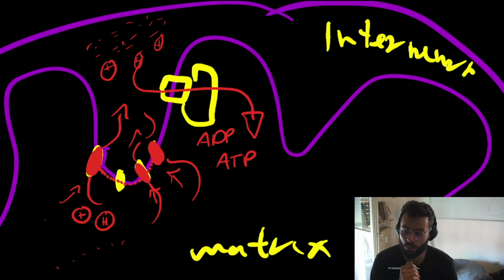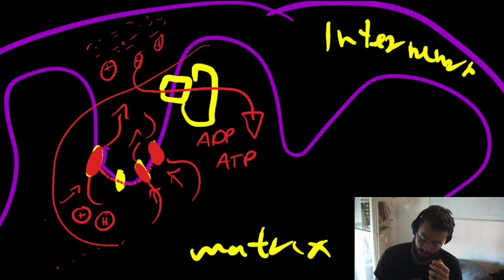So the fact that we are generating a lot of protons, a lot of electrochemical gradient, is going to help us produce a lot of potential energy, which we are eventually going to use in order to drive the phosphorylation of ADP into ATP. This is the reason that you can create so many ATP molecules in cellular respiration itself. Because you will see that this process requires oxygen.